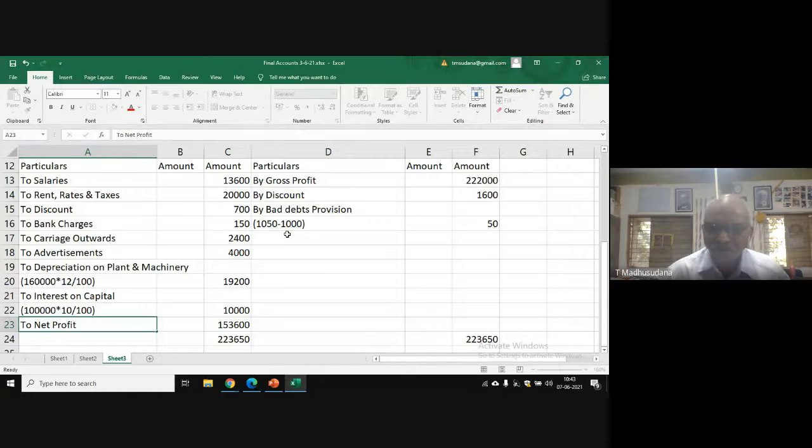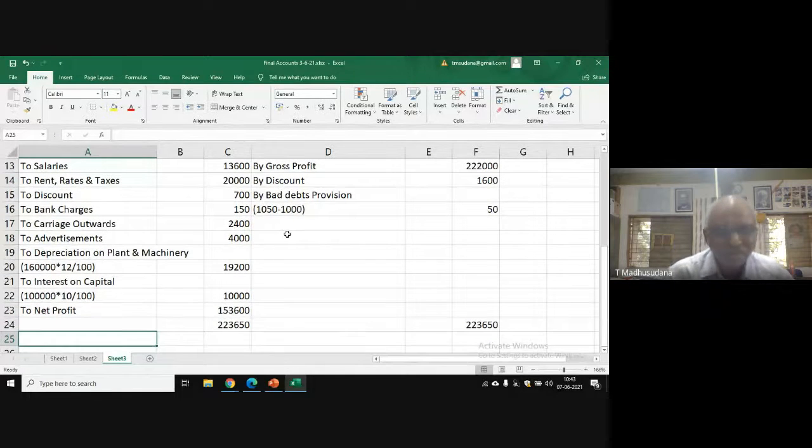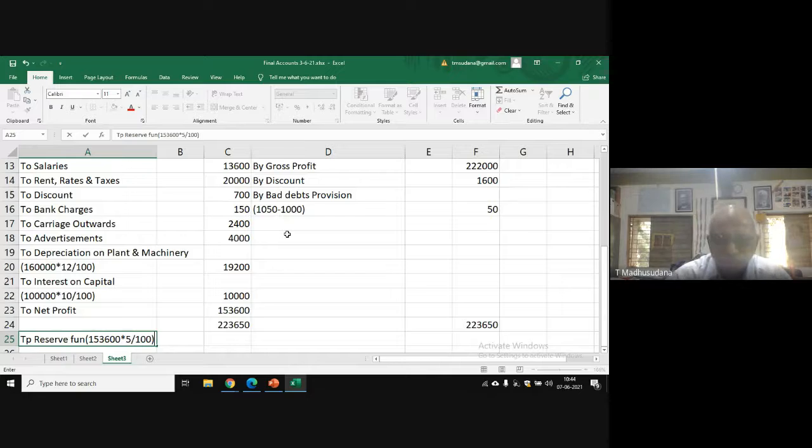Therefore, here below this one, you just do reserve fund. Reserve fund is 1,53,600 into 5 by 100.